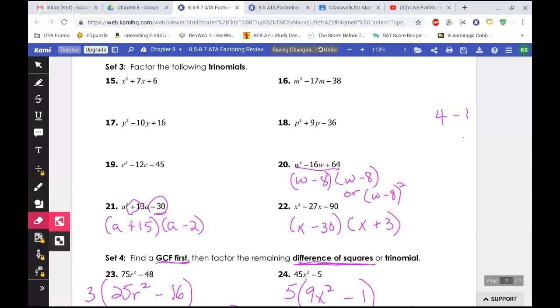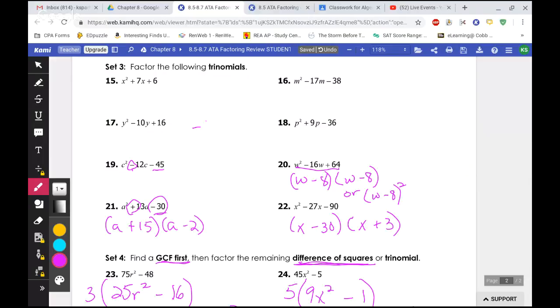Number 19, looking for two factors that multiply together to give me a negative 45 that when I combine them, give me a negative 12. Well, the negative here tells me one's going to be positive and one's going to be negative. And the negative here tells me that the bigger one is going to be negative.